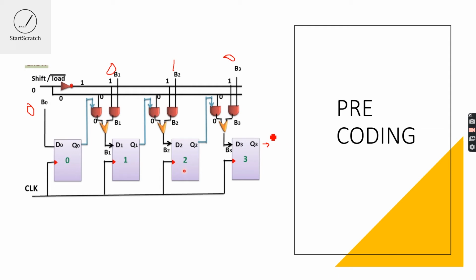At the first clock pulse, that is at 5 nanoseconds, the second clock pulse, at 10 nanoseconds, the third clock pulse, at 15 nanoseconds, and the fourth clock pulse, at 20 nanoseconds.